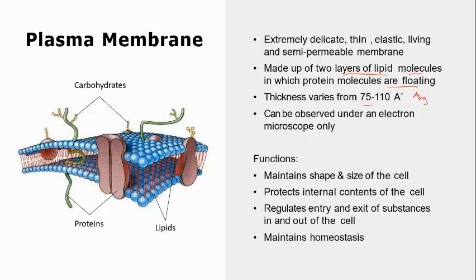An angstrom is about 1 times 10 to the negative 10 meters. Its functions: it maintains the shape and size of the cell, protects the internal content of the cell, regulates entry and exit of substances in and out of the cell, and maintains homeostasis.